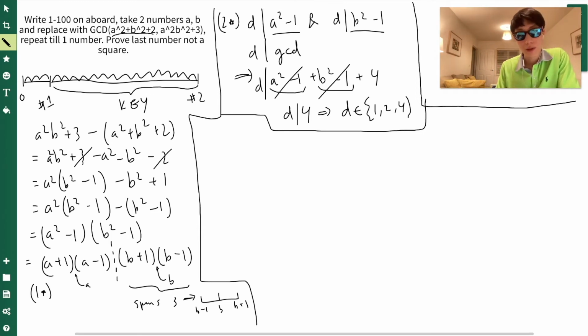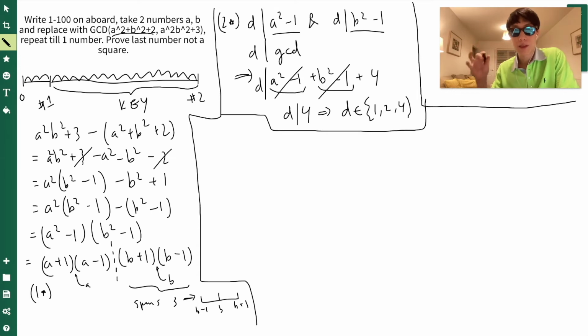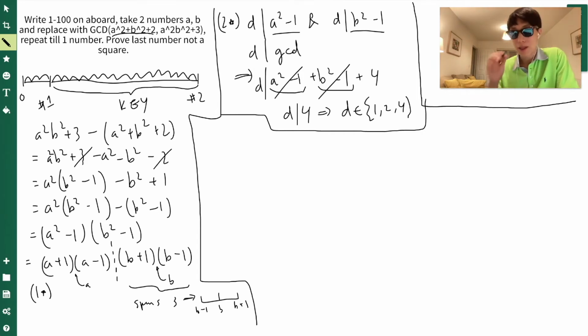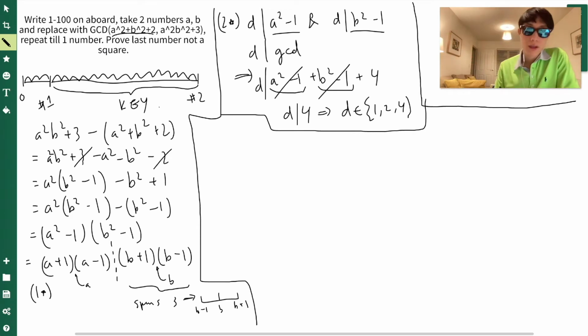And since we're looking to prove that the last number is not a square, you want to find an invariant that somehow shows you there is one unpaired prime, at least, in your final number. So wouldn't it be nice if that final prime was 3?